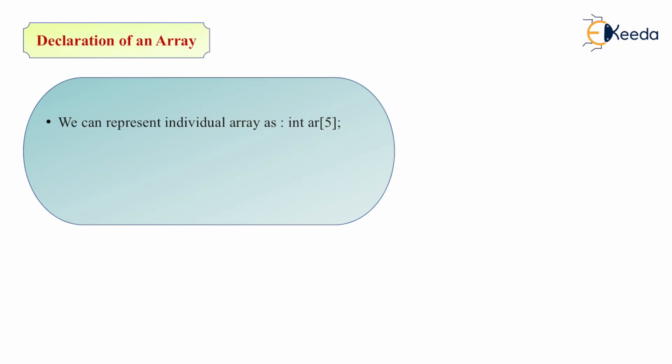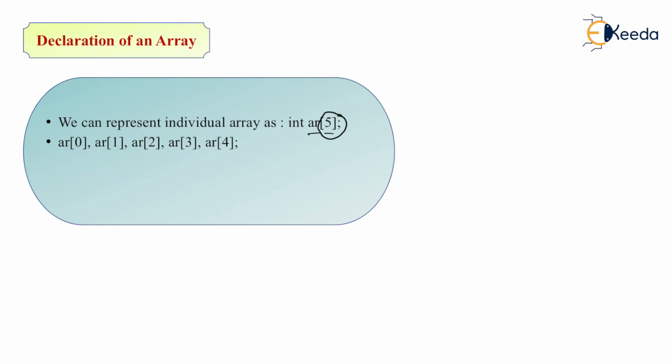We can represent an individual array as int ar[5], with 5 elements. How can we access it? Whenever I say int ar[5], that means in ar there are a total of 5 memory locations.